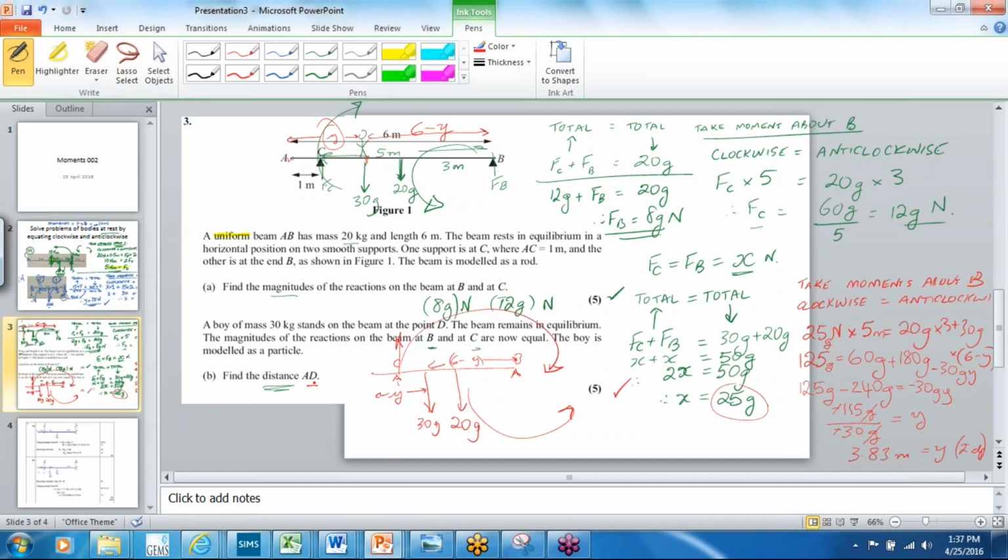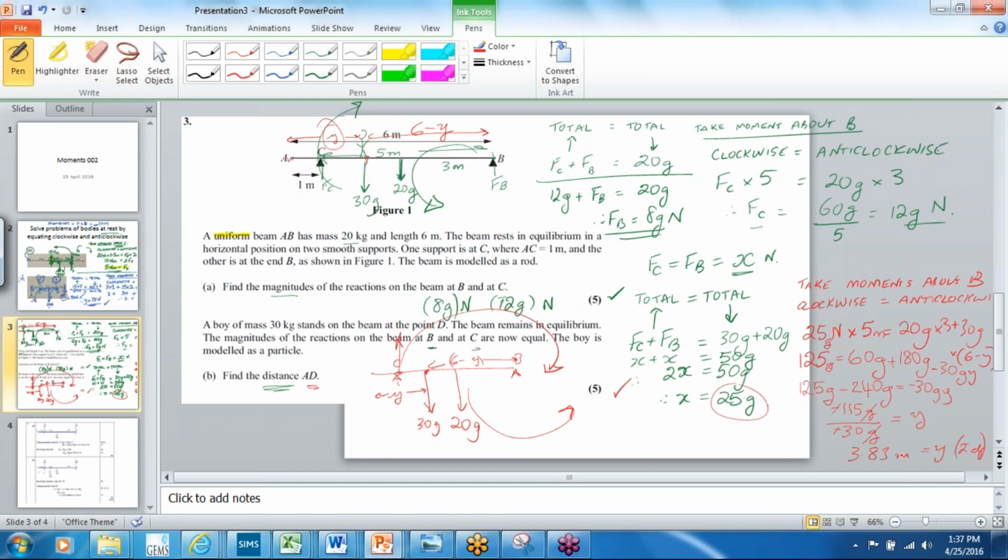Oh, get this right, from A to D, hang on. A is where he's standing, is it? Where's A? Let's look where A is. A is there. Okay, well, hang on a minute.